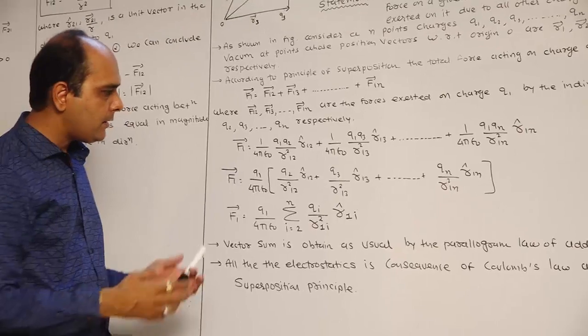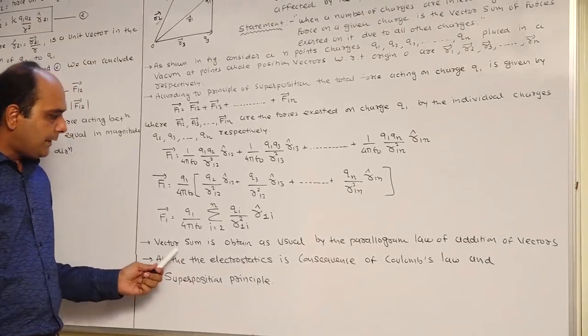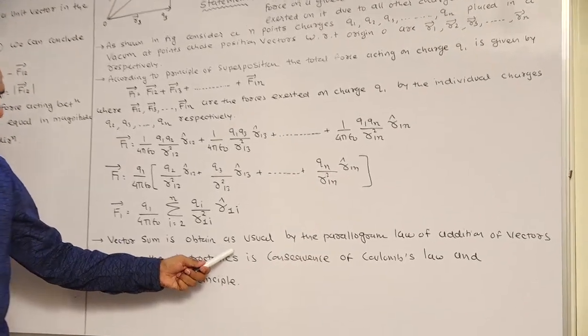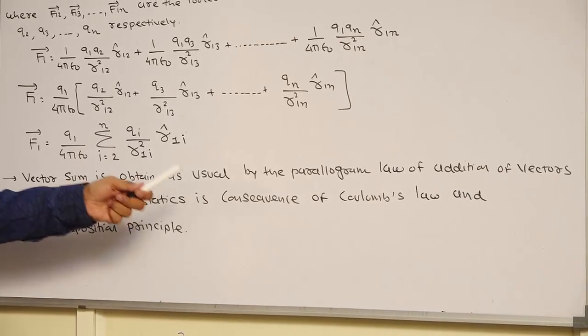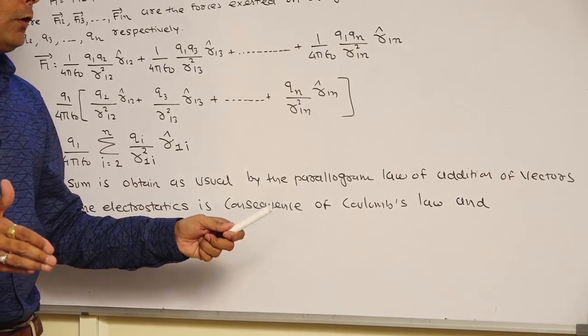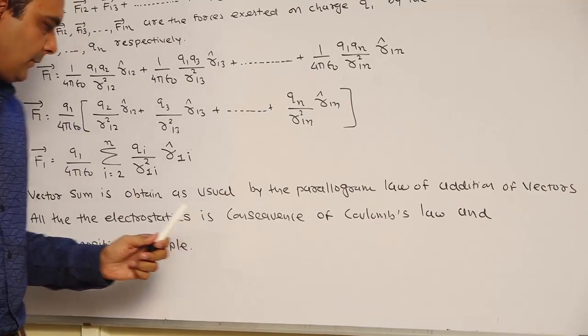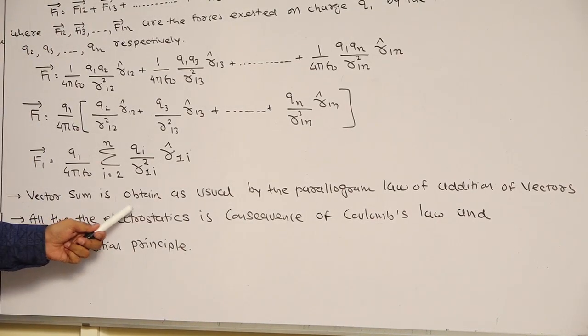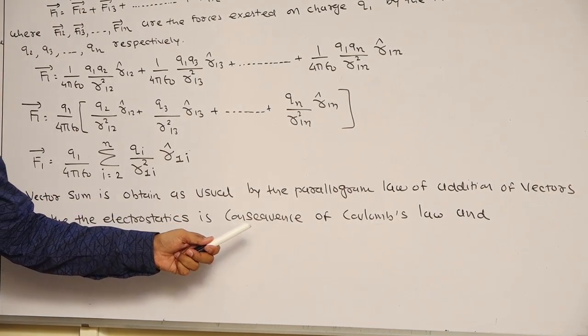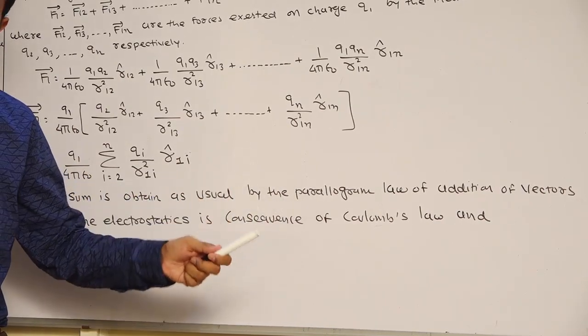Now the last statement: the vector sum is obtained as usual by the parallelogram law of addition of vectors.